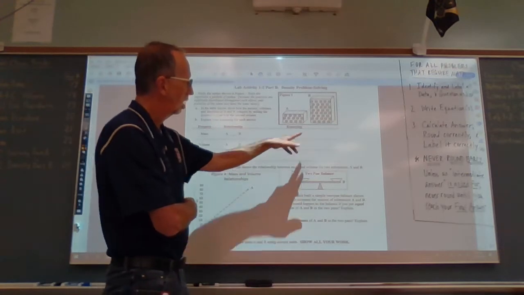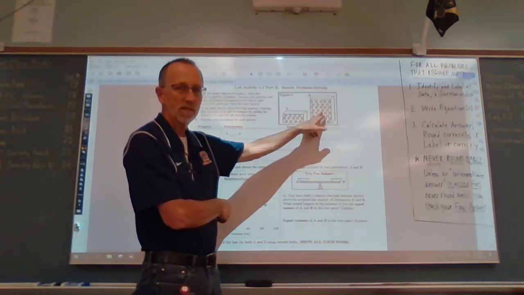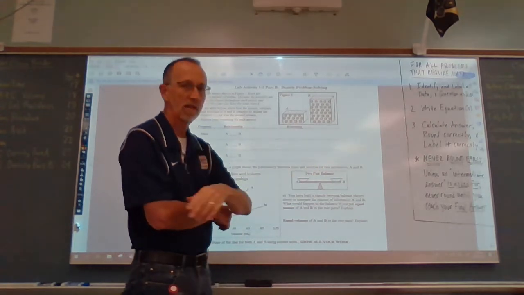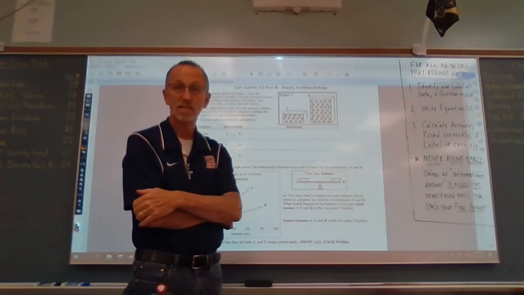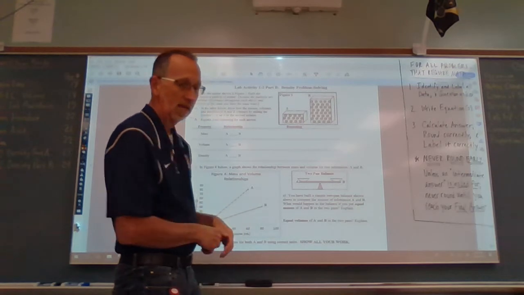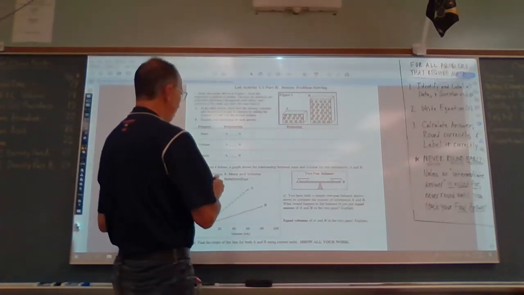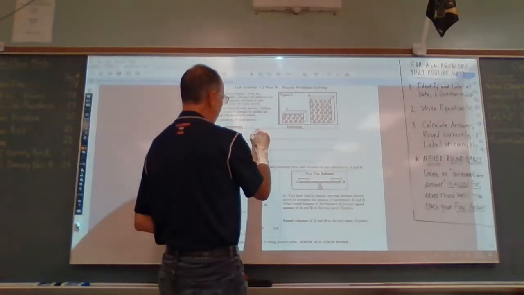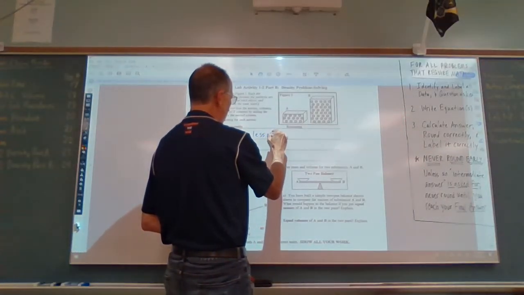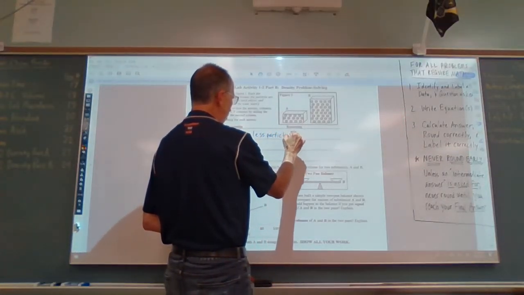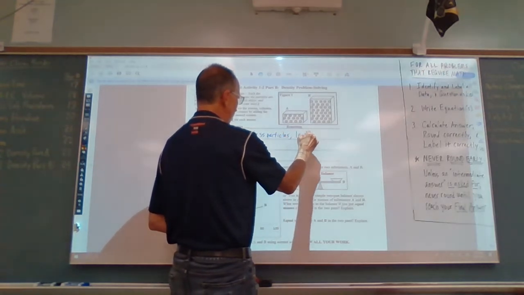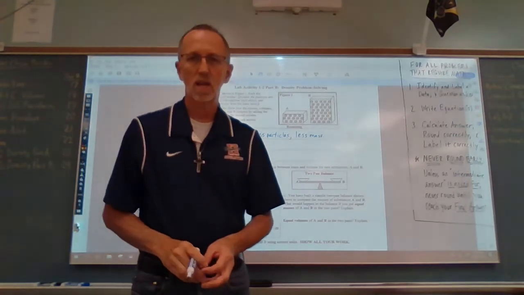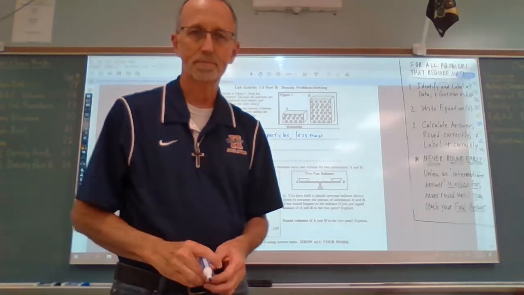Well, if you look, there's a heck of a lot more particles in this box sample than there are in this one, which means the mass is certainly greater in B than it is in A. So the mass of A would be less than the mass of B. And again, less particles in A means less mass, because that's how we represent mass, quantity, number of particles.